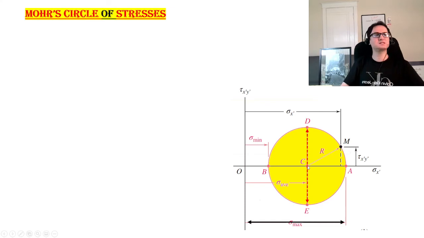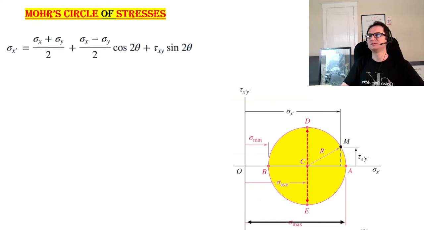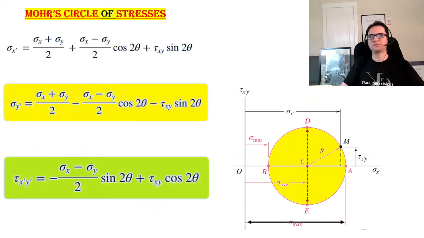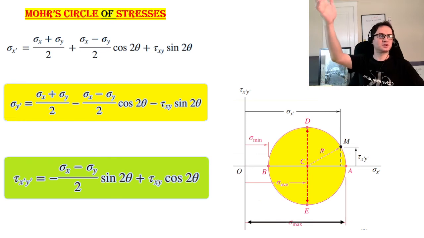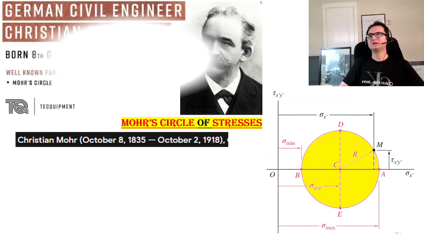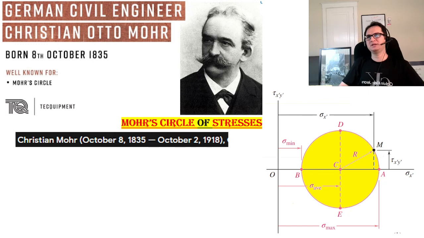So sigma x prime, sigma y prime, and tau x prime y prime come from the equations. They are a representation of a circle developed by a German civil engineer, Christian Otto Mohr, and that's a discovery that makes problem solving far easier than using formulas.